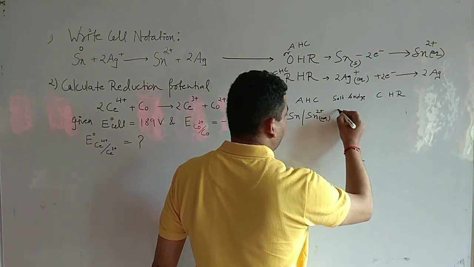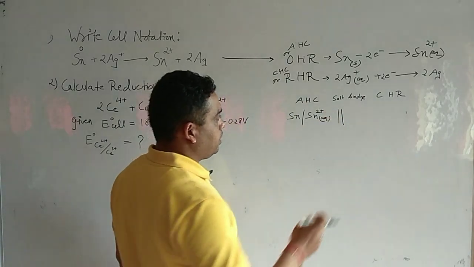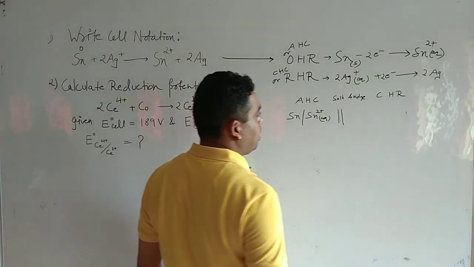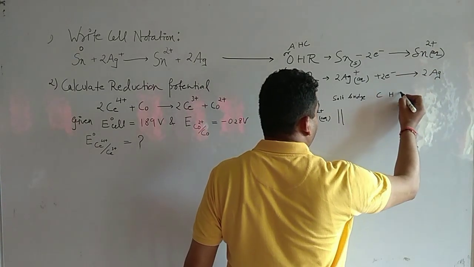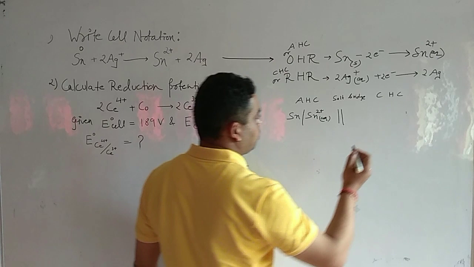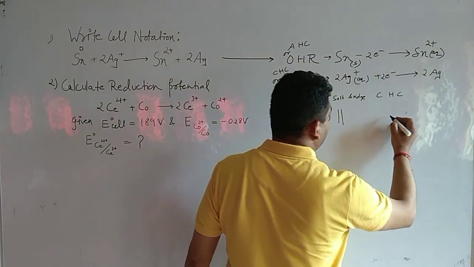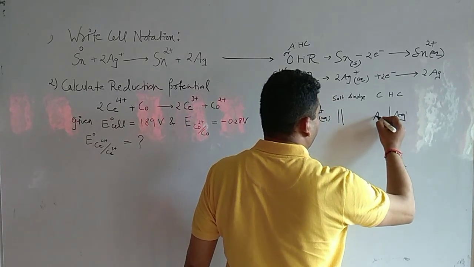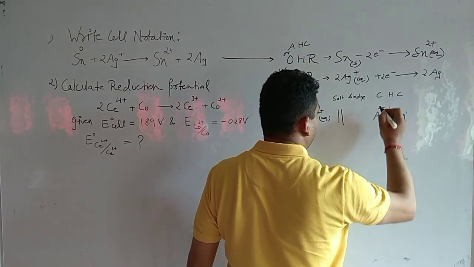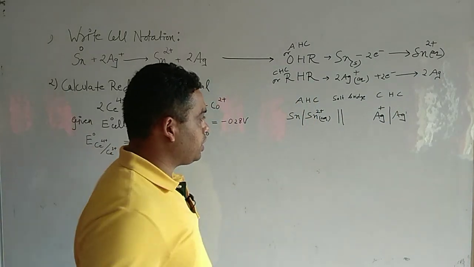Then for the salt bridge, we will write the 2 parallel lines, and then we will write the cathode half cell. For the cathode half cell, again you will start with the metal at the cathode, that is silver. You will write silver here, and then the silver ion, Ag+, and since the concentration is not given, you can write the notation in this way.